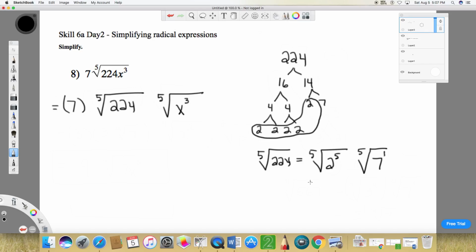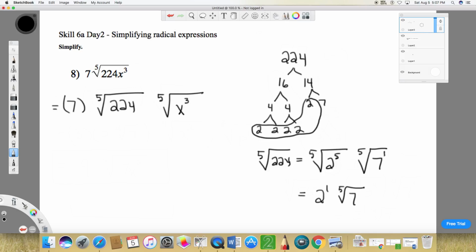But this 2 to the 5th, we know that it has one group of 5 things, so this is one group of that 2. So that's why that exponent here is 1, or you can think this exponent 5 divided by the index, 5 divided by 5 was 1. And we have the 5th root of 7.